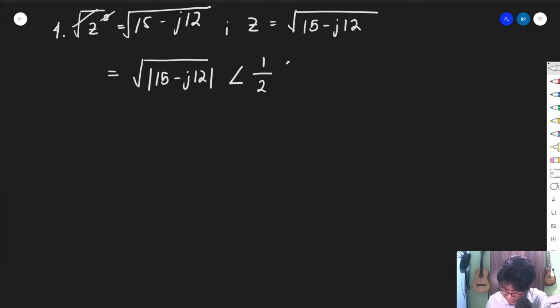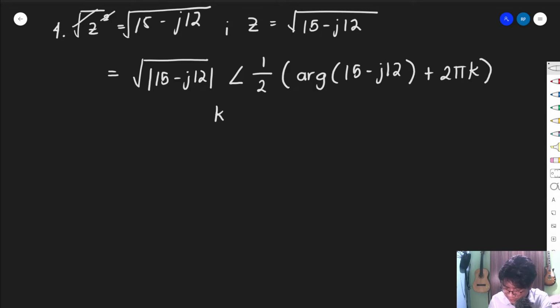Diba? Times the argument, no? Argument ng 15 minus j12 plus 2 pi k. And alam natin na ang k natin is only 0 and 1. Kasi square root lang hinahanap natin. Okay? So, game, let us evaluate.